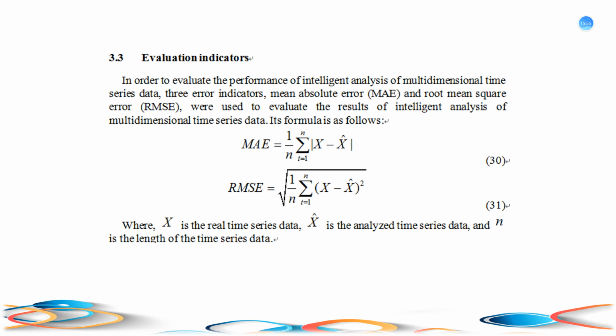Its formula is as follows, where X is the real time series data, X-hat is the analyzed time series data, and n is the length of the time series data.